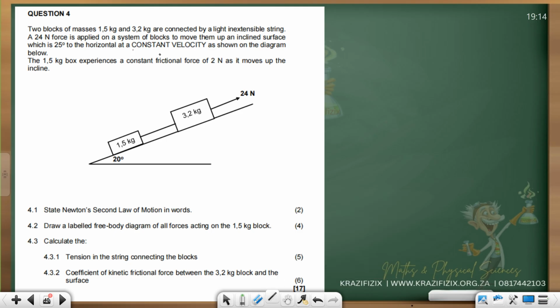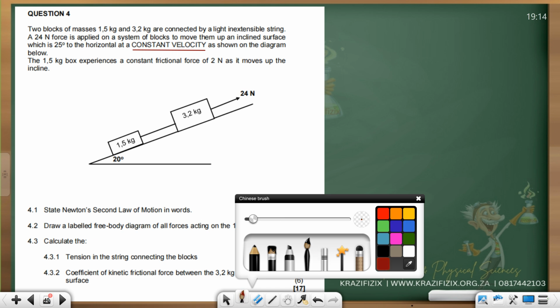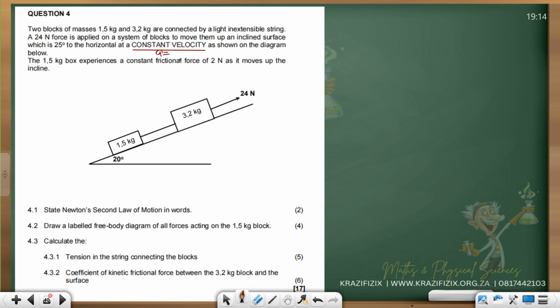Please, emphasis, constant speed. Once you see constant speed, never forget that the acceleration there is 0. As shown in the diagram below, the 1,5 block experiences a constant frictional force of 2 newtons. I'm going to put that here, all right, as it moves up the incline.